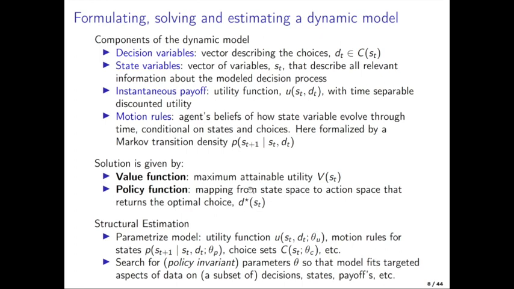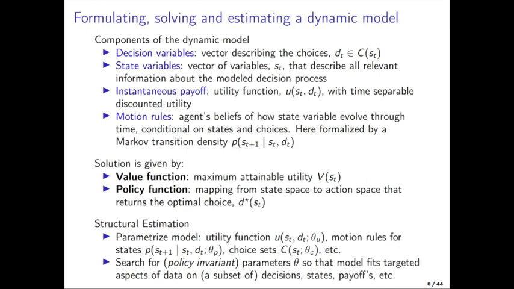Once you have a parameterized model, structural estimation is really about searching for these hopefully policy invariant, structural parameters so that the model fits the targeted aspects of the data, in a broad sense.